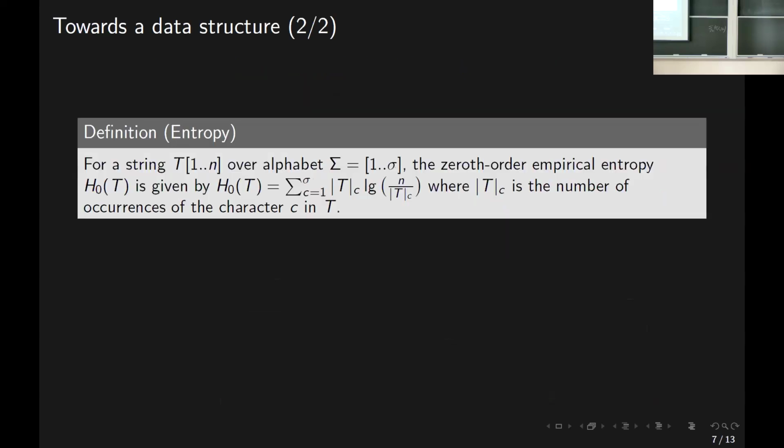It doesn't really matter. I'm also going to define the entropy in this context. It's essentially the measure of the uniformity of the distribution of the characters in the string. In this case, it's not the relative entropy of a character. It's here defined as the relative entropy of a character times the size of the string.